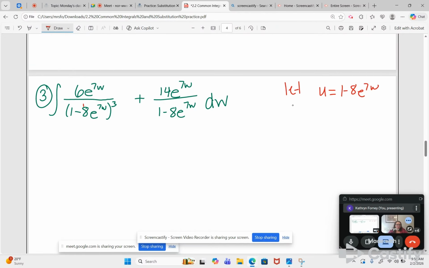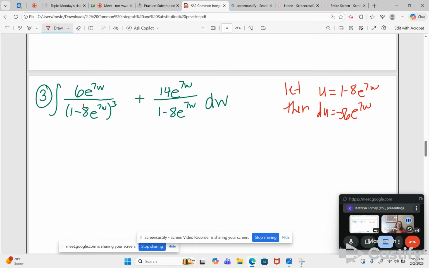So now, when I take the derivative of this, I know that's going to be negative 8. First of all, I know that the e to the 7w is going to be e to the 7w, but you have to also take the derivative of the 7w, which is 7. So 8 times 7 is 56.